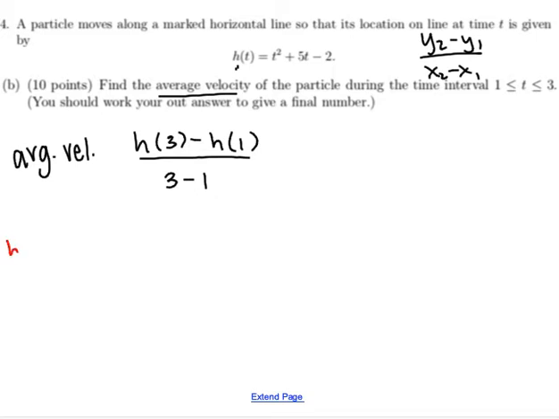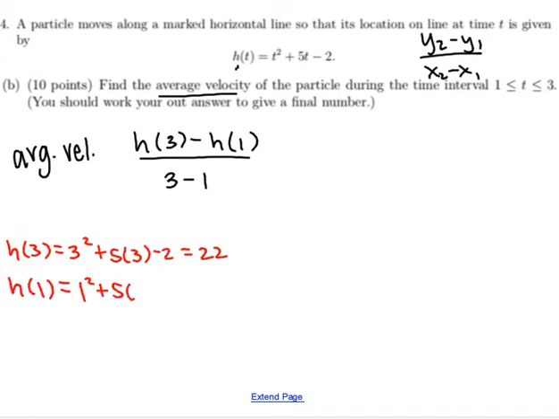And then we just go up to the side and find h of 3. So I have 3 squared plus 5 times 3 minus 2. So we got 9 plus 15, 24, 24 minus 2, so I get 22. Find h of 1. 1 squared plus 5 times 1 minus 2.